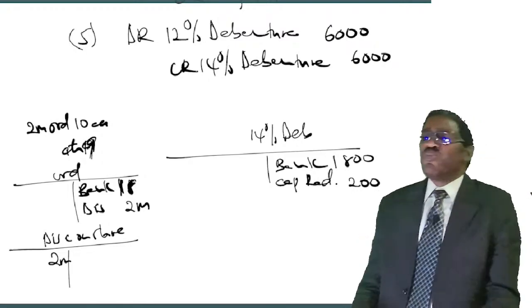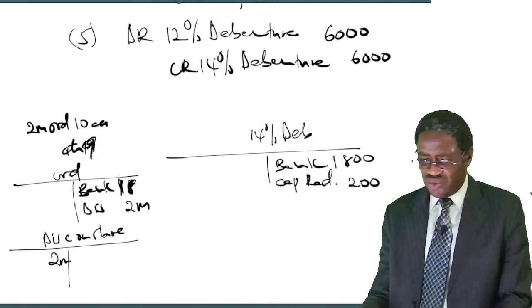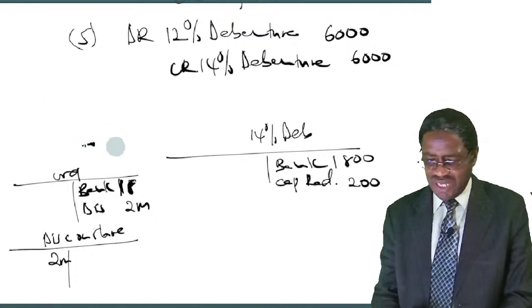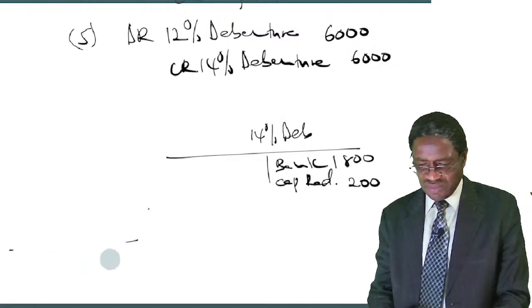So again, you could pass it as 2 entries. I think it's even logical that you pass it as 2 entries now, so that it doesn't confuse you.